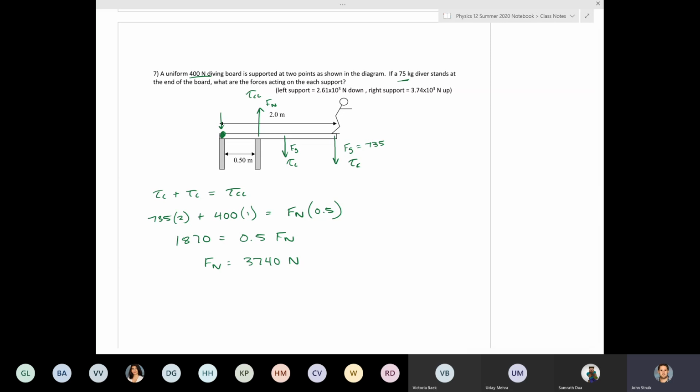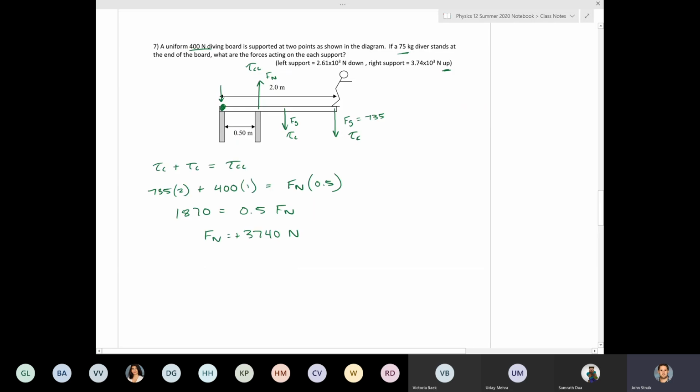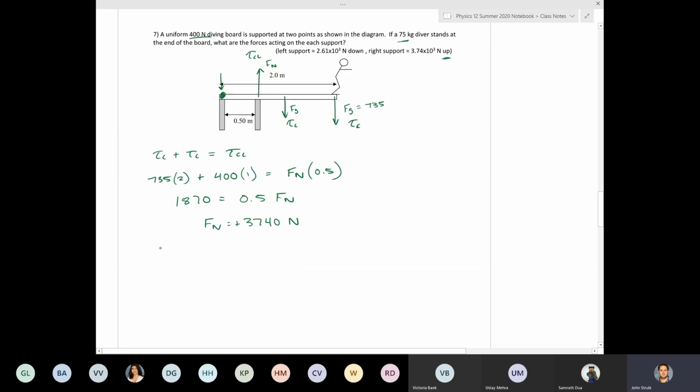And that's going upwards. We know that it's going upwards, so I'll just make this positive. And then to find the force on the other support, there's two ways you can do it. You could go with torques again, or with your sum of the forces has to equal 0, which is the easier way to do it, really.